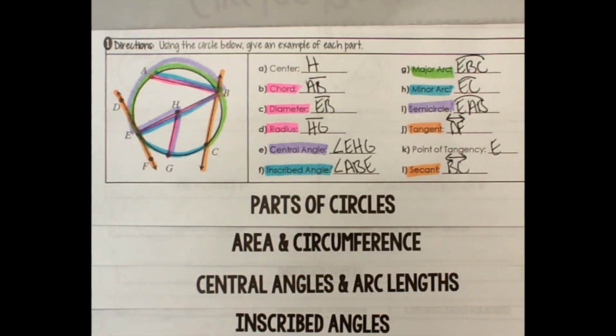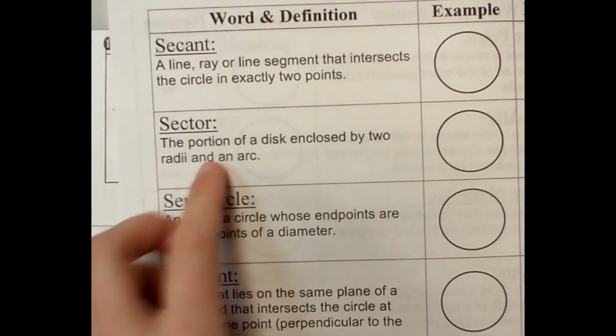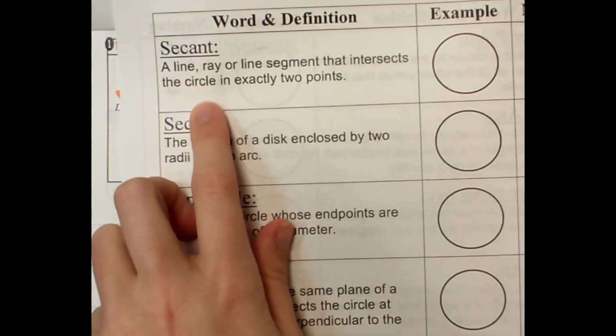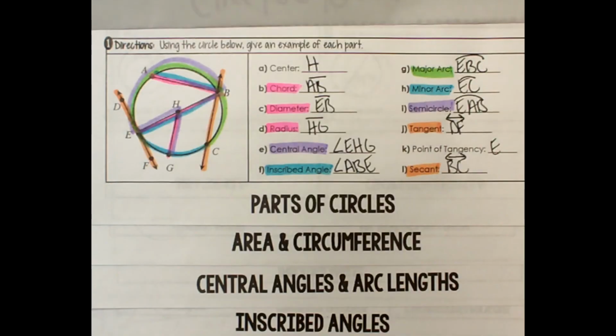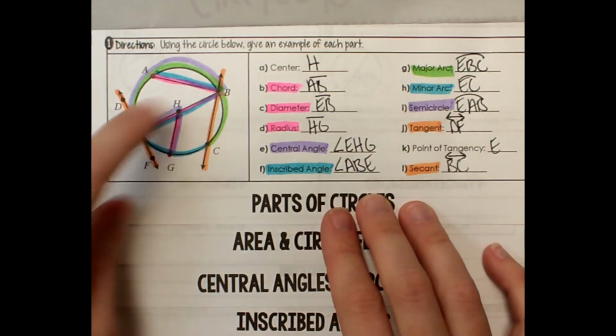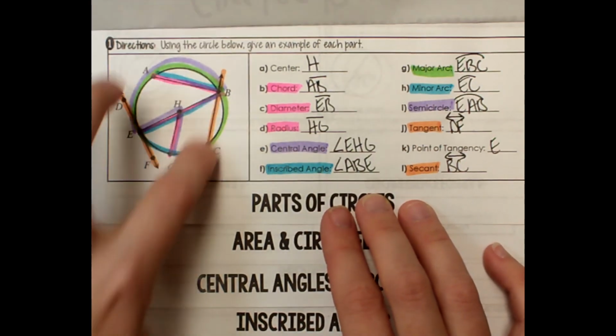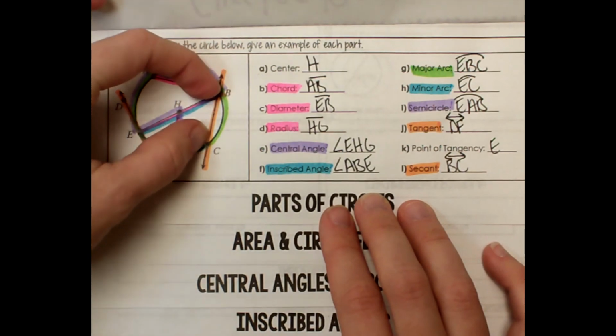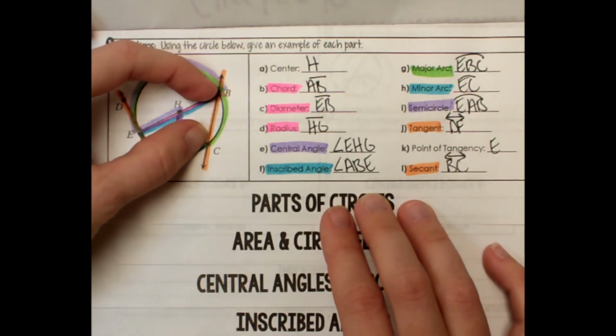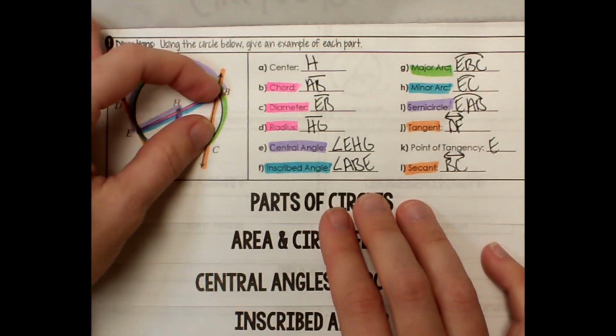Secant, looking at our dictionary, is a line, ray, or line segment that intersects a circle in exactly 2 points. So not 3, it's not a squiggly line, or once, like a tangent. Your secant hits twice, creating a chord. BC as a line is a secant, okay? Or sorry, BC as a line segment is just a chord.